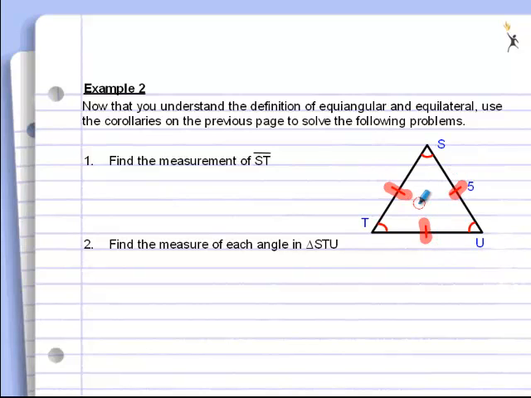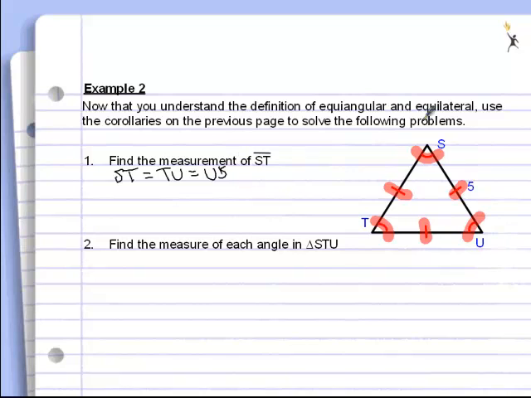Well, the corollary just told me that if three sides are congruent, or the triangle is equilateral, then it is also equiangular. So what I'm going to do is say that ST equals TU, which equals US.